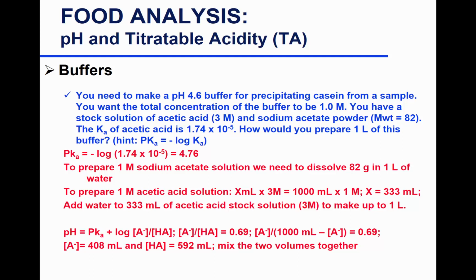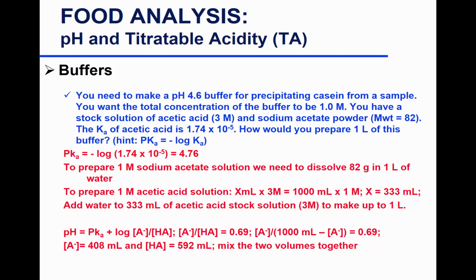I'm solving for X, and molecular weight is 82 grams per mole. So X will be 82 grams because it's 1 mole. 82 over 82 is 1 mole. So I need 82 grams to dissolve in 1 liter of water. That will give me 1 molar sodium acetate.